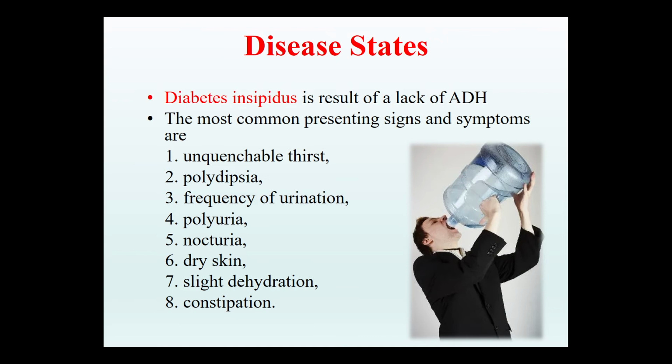Some human patients produce as much as, pay attention, 16 liters of urine per day. The more common symptoms are, of course, strong thirst and polydipsia; they drink a lot. Also polyuria, nocturia, dry skin, dehydration, constipation.